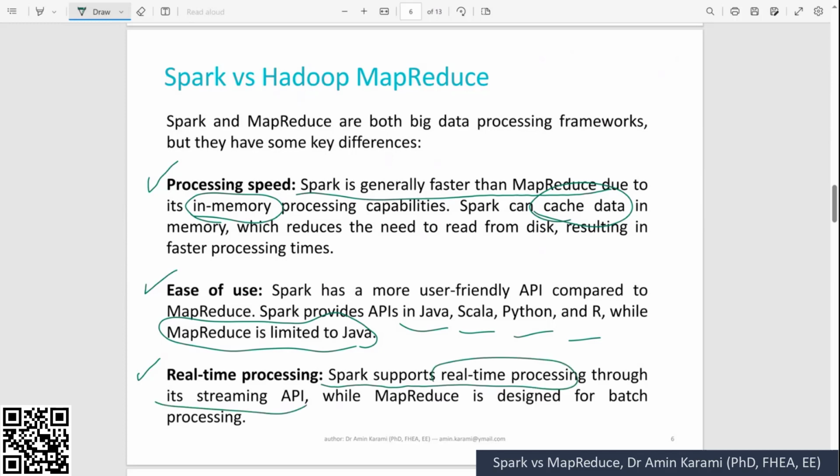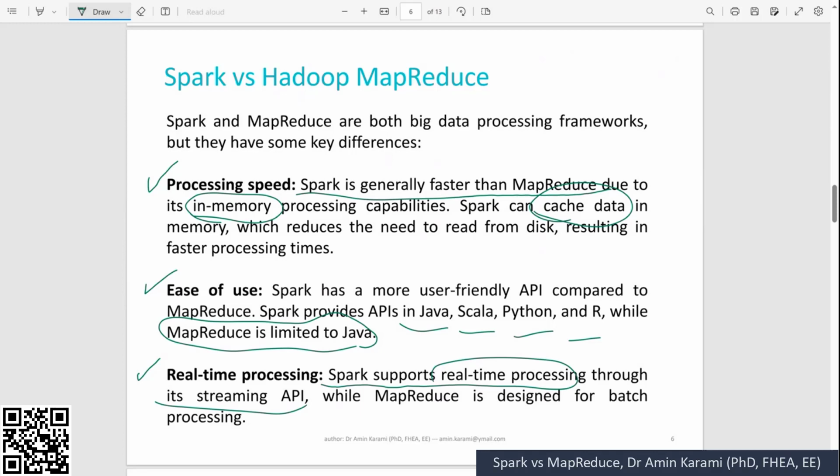Through its streaming API, which means there is a chance to work with real-time data, to collect data in real time, all right, and respond to the environment, respond to data in a very short time, because we are talking about real time, which means we have to process data in less than a second, milliseconds, even nanoseconds. How can we do that?